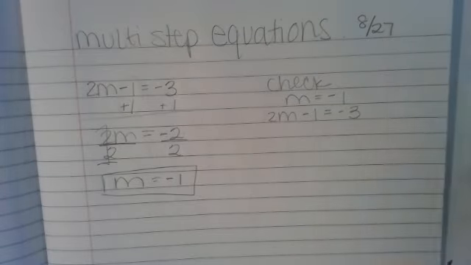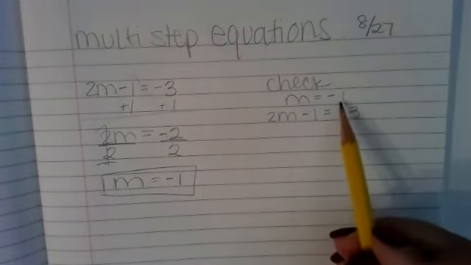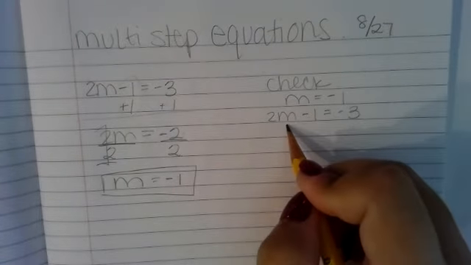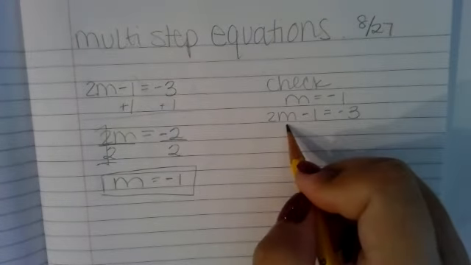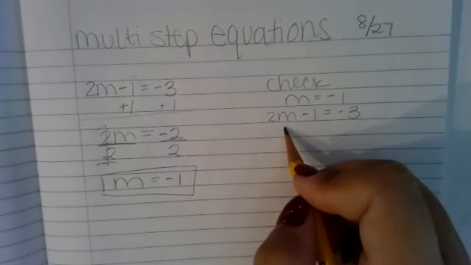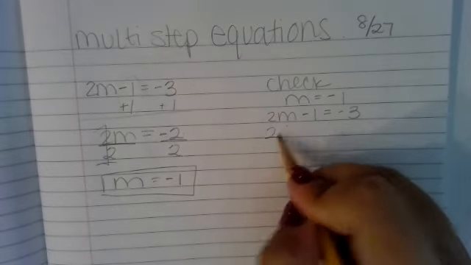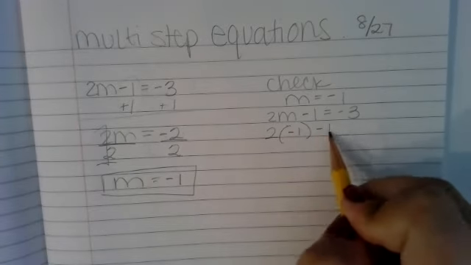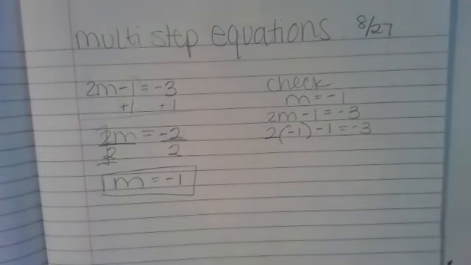I'm going to then substitute the -1 for m. When I substitute, I always put it inside of a parenthesis, so it holds true to what the original equation was. So 2 times (-1) minus 1 equals -3.